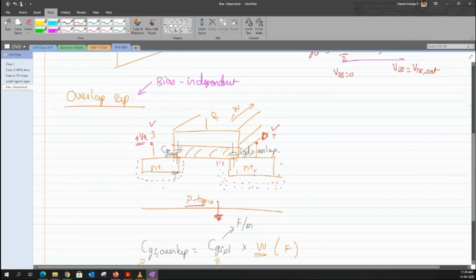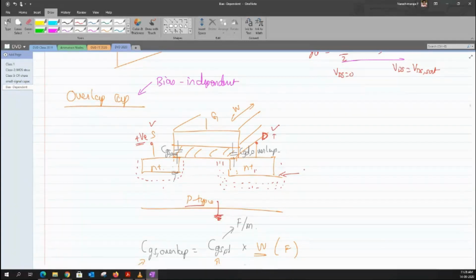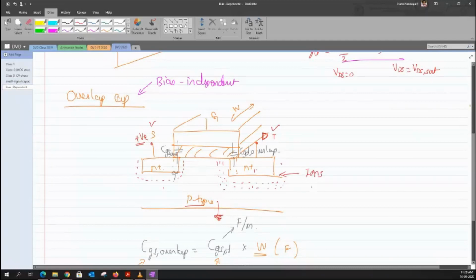And we know that this depleted region is filled with immobile ions, so there are no channel charges, no free carriers. Whereas the N plus region has free carriers, and even this p-type semiconductor has free carriers. But these two carriers are opposite in nature, and they are being separated by a dielectric medium, this depleted region.